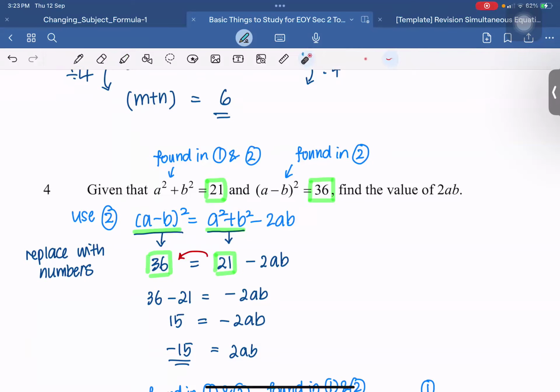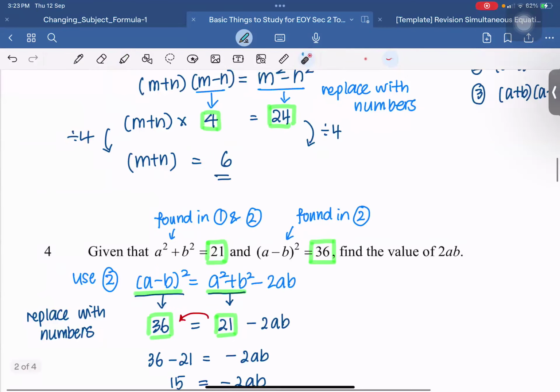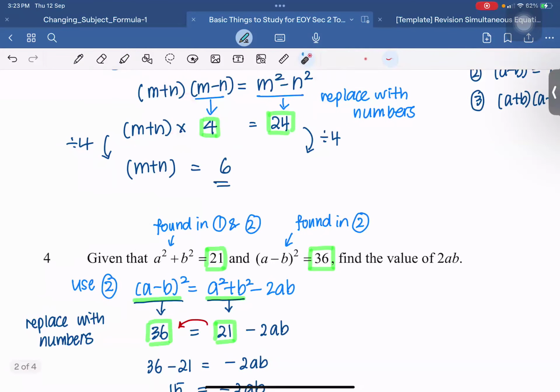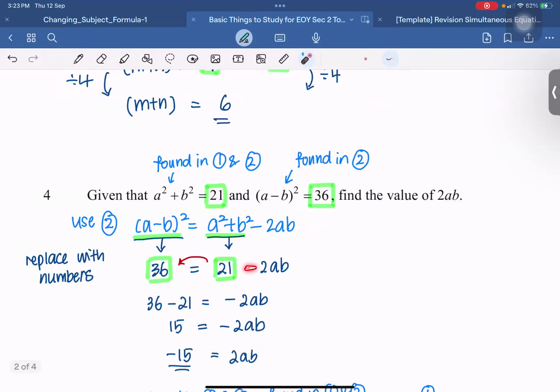Now in this case, just now was multiplication. There was no sign over here. Now there is a sign over here. So this 21 itself is originally a plus 21. So we shift this over and it becomes negative 21.